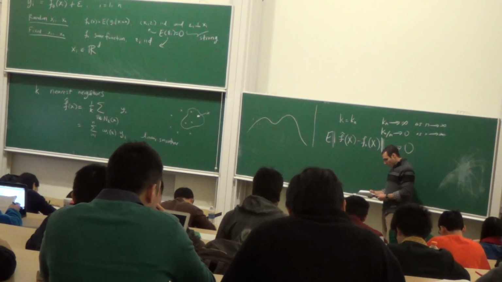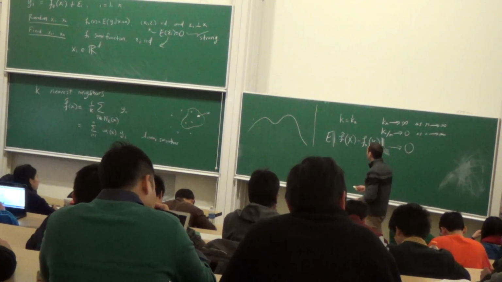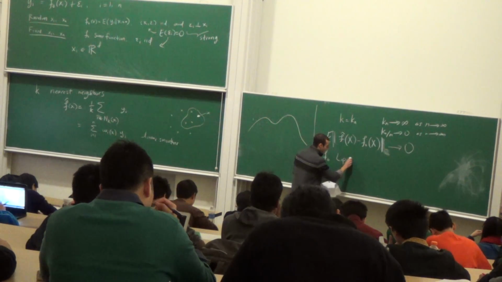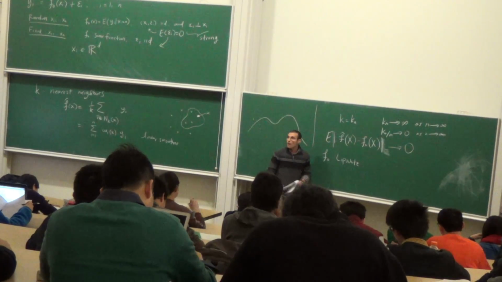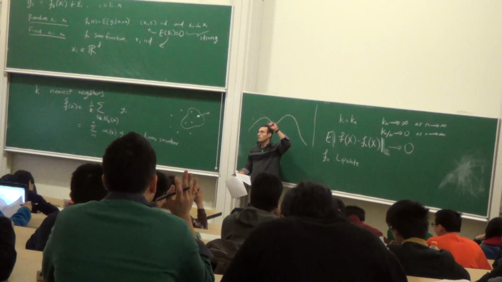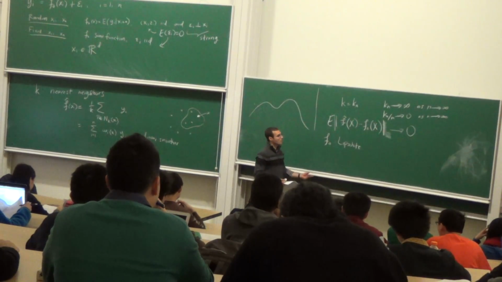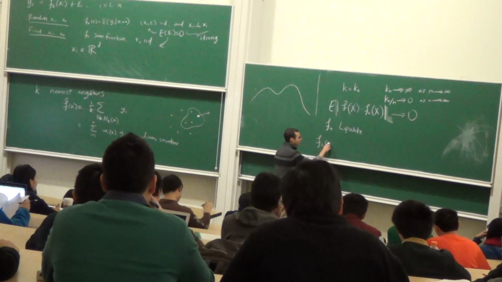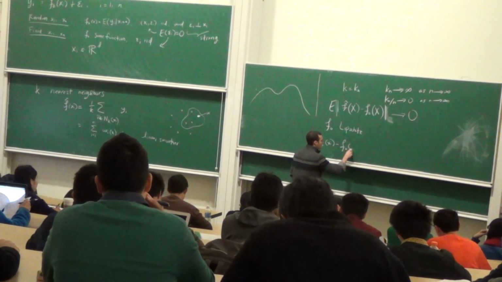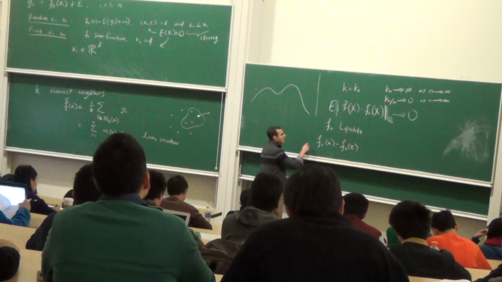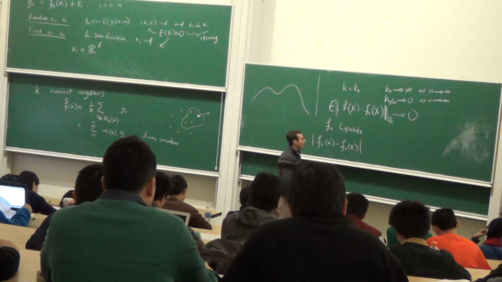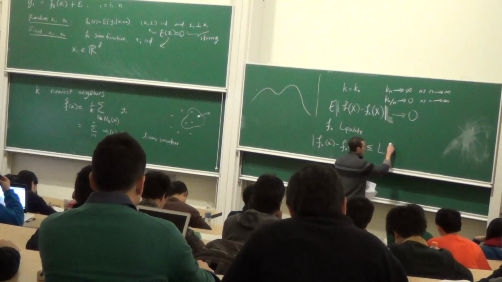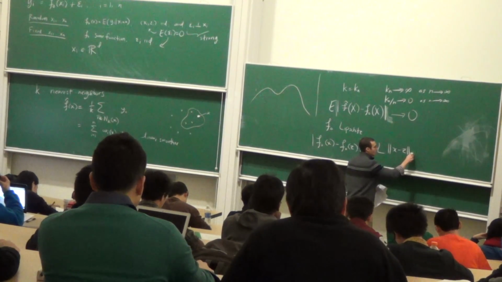Okay, and even more than that, assuming that f0 is Lipschitz, remember what Lipschitz is? How many people remember what Lipschitz continuous is? Okay, so I'll just repeat it. Maybe not everybody remembers. It means that if I have any two points in the input space, say x and z, I need to have the distance between f0 of x and f0 of z being less than or equal to L times the distance between x and z.